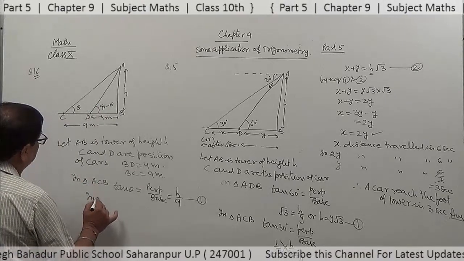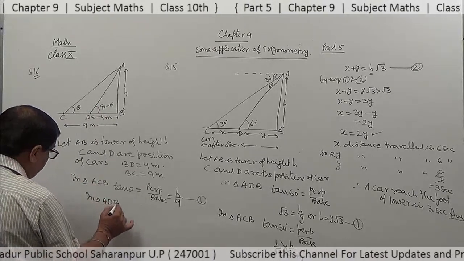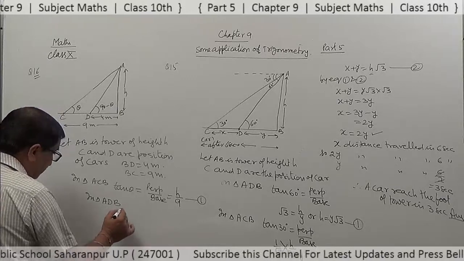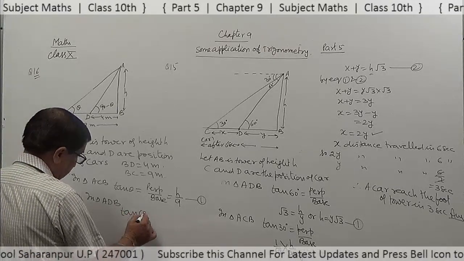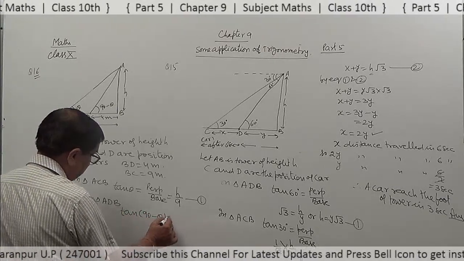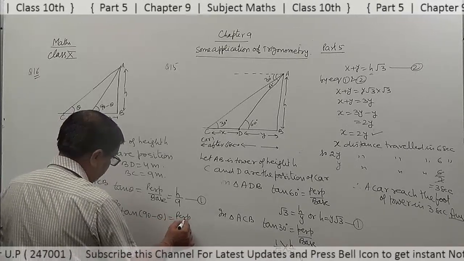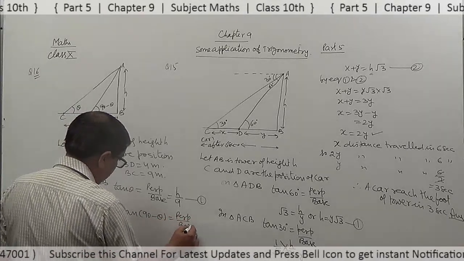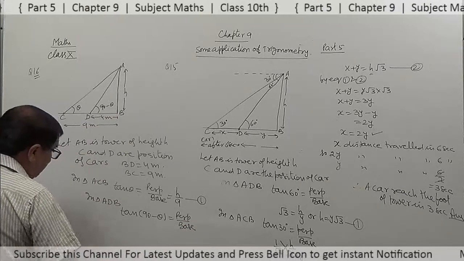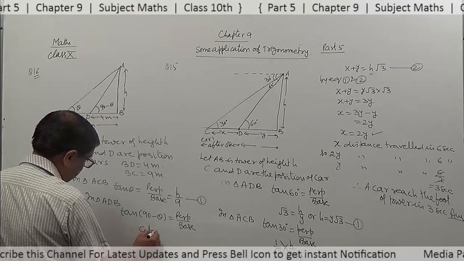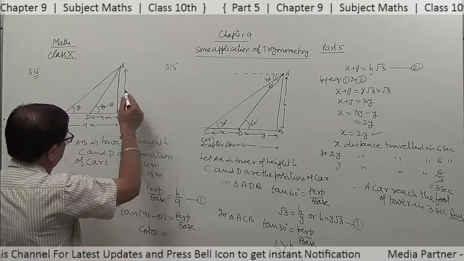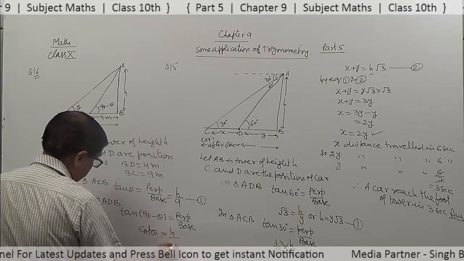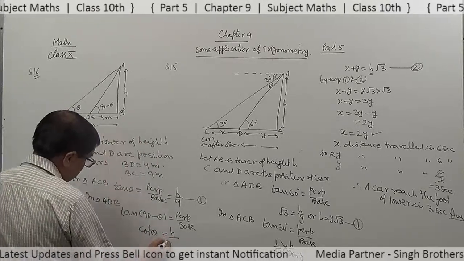In triangle ADB, tan of 90 minus theta, perpendicular upon base, tan 90 minus theta is cot theta, perpendicular is h, base is 4.